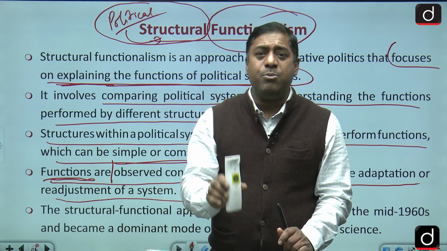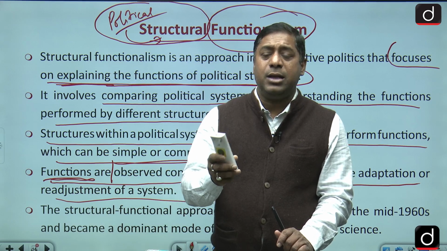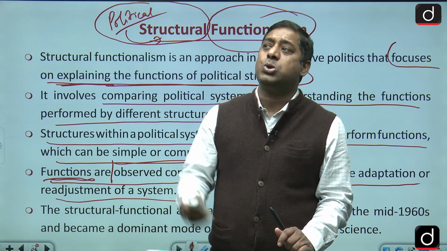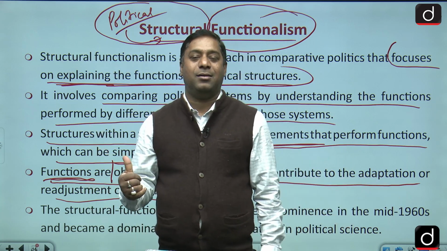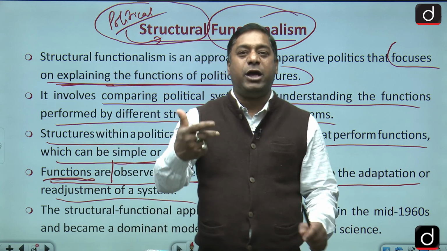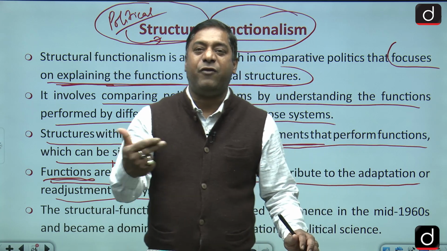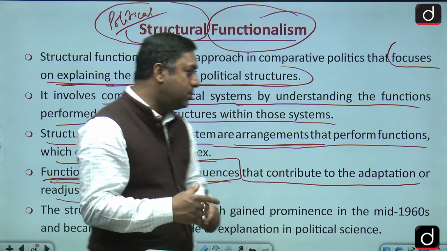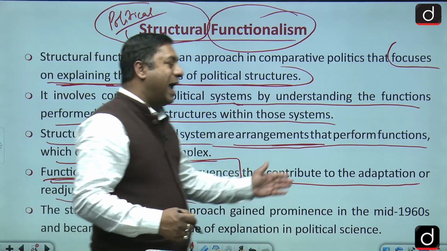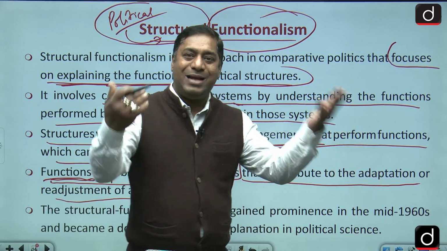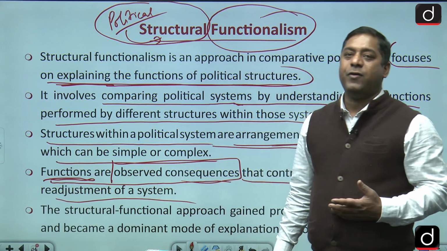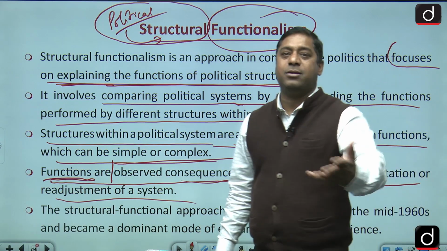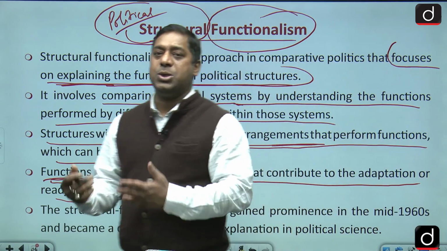So with this observed consequence, what I say, that the function of this remote is to switch on and off this AC. यही बात है कि functions को they give a definition. They say that functions are observed consequences that contribute to adaptation. Either you adapt that function or readjustment of a system, or you reject that function and you readjust the system.